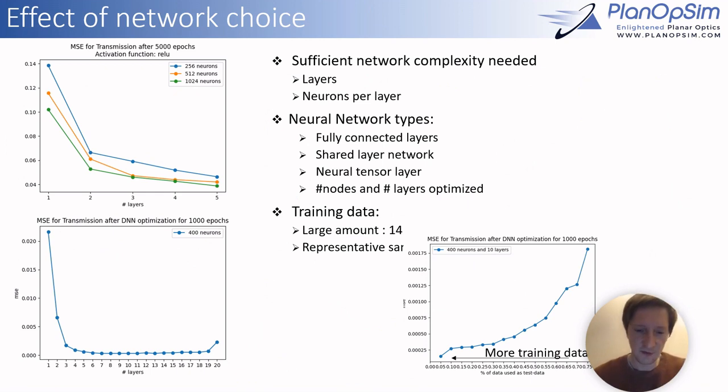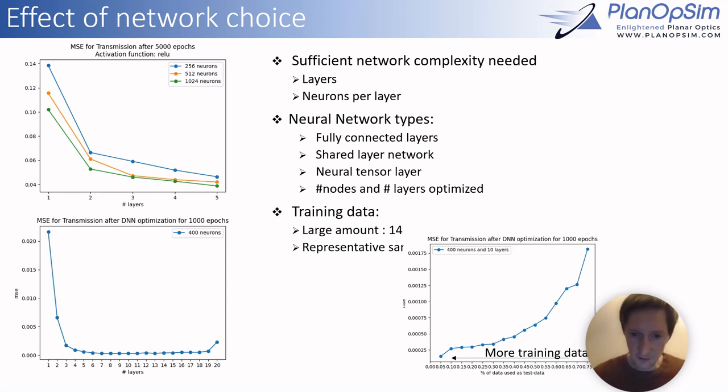Of course, we studied the effect of the different network architectures. We find that as we increase the number of layers and the number of neurons per layer, the square error goes down up to a certain point where overfitting starts to occur. We've also optimized this over different sets of network architectures using fully connected layers or shared layers, neural tensor layers.